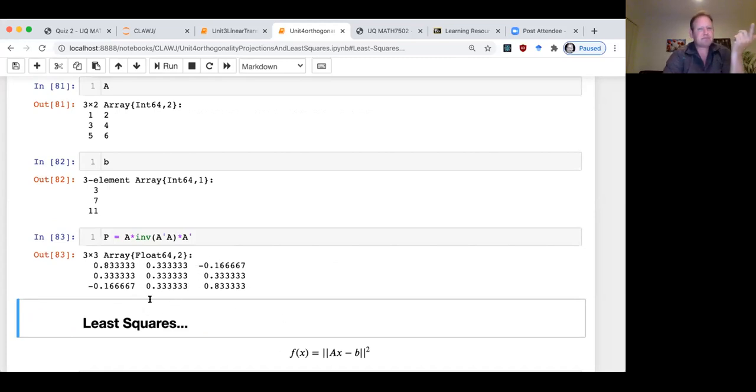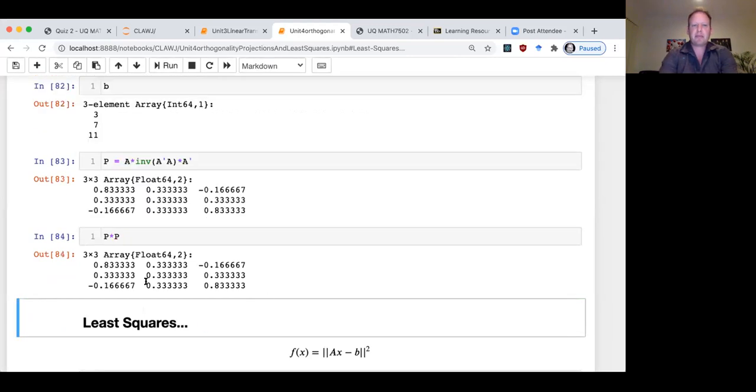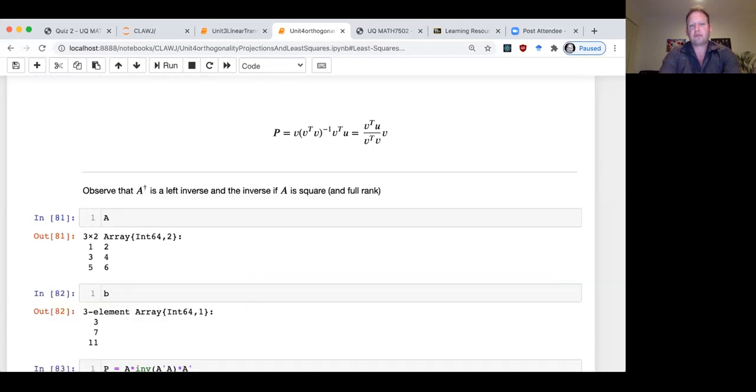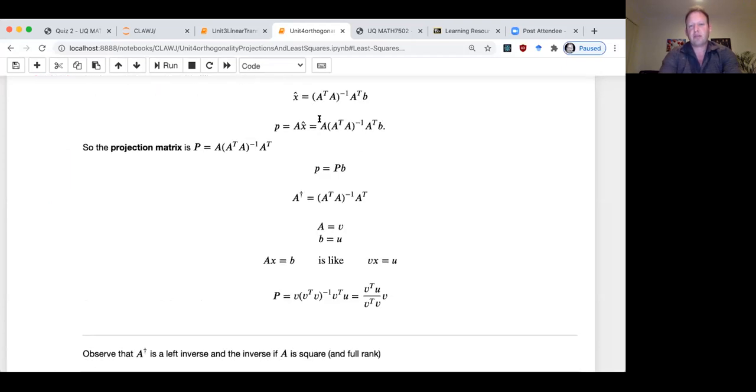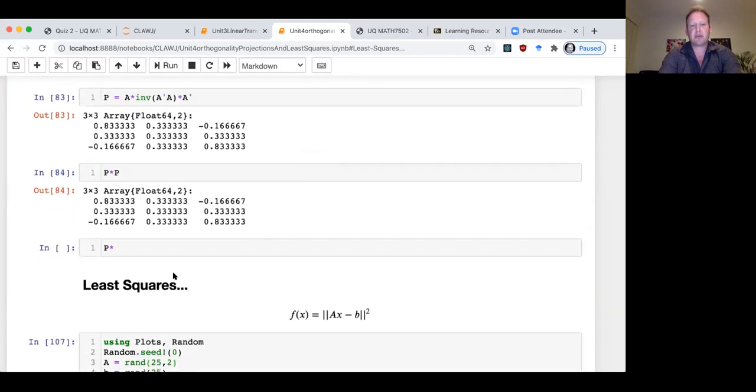Is it symmetric? Yes. And if I take P times P, which is P squared, I'm still going to get P. Now, I can apply this projection matrix to B, and that's going to be the projection point.